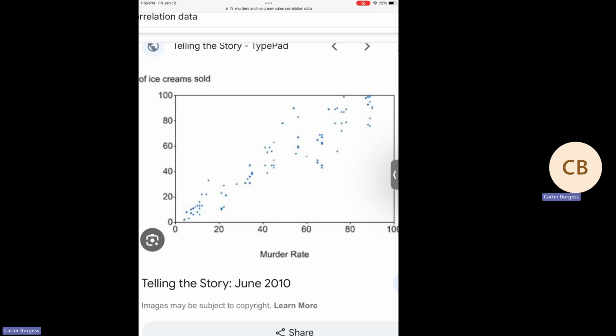Why is it that we are seeing this really strong positive trend? Is it that people who have just committed murders are really craving ice cream? Is it that people who buy ice cream just look more murderable? What is the deal that allows us to see this kind of positive relationship?